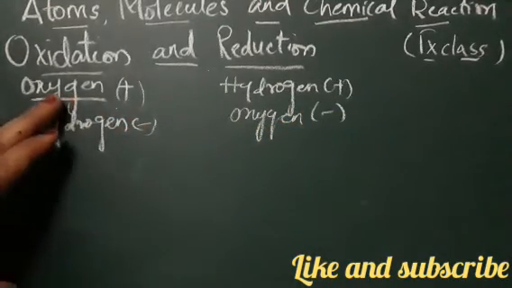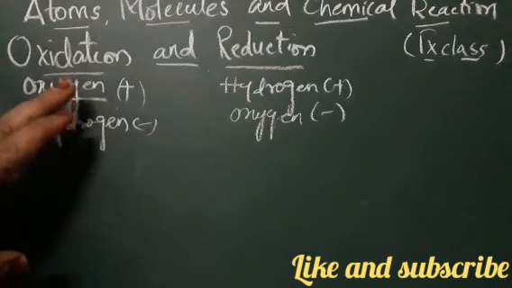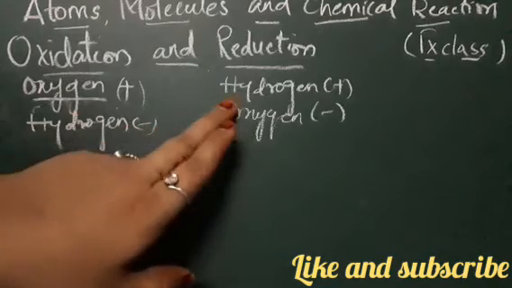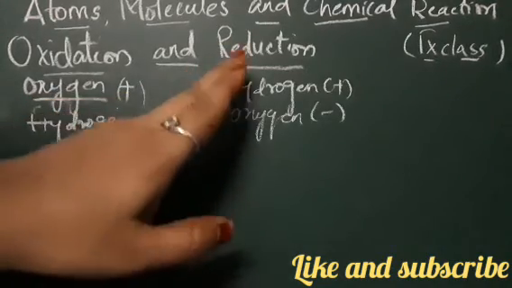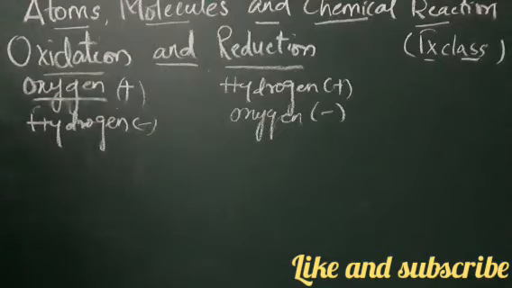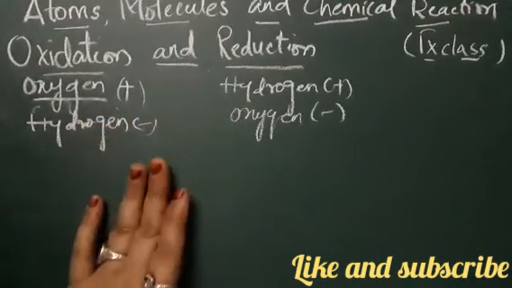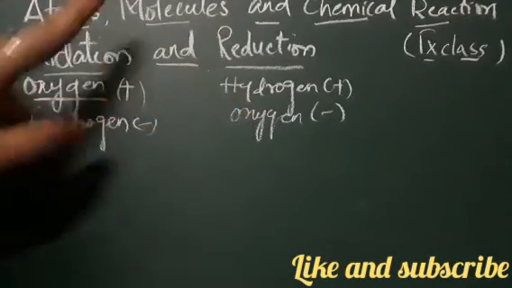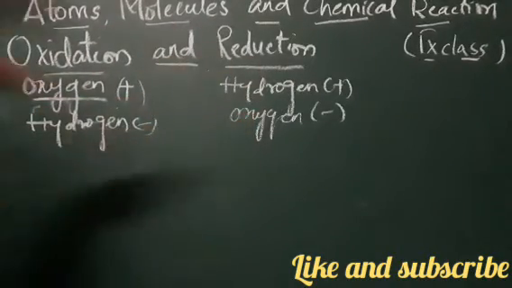Here you are adding oxygen and removing hydrogen, that is nothing but oxidation. Here we are adding hydrogen and removing oxygen, this is nothing but reduction. It's just an opposite. You have to remember, here oxygen is added, here hydrogen is added. Here hydrogen is removed, here oxygen is removed.